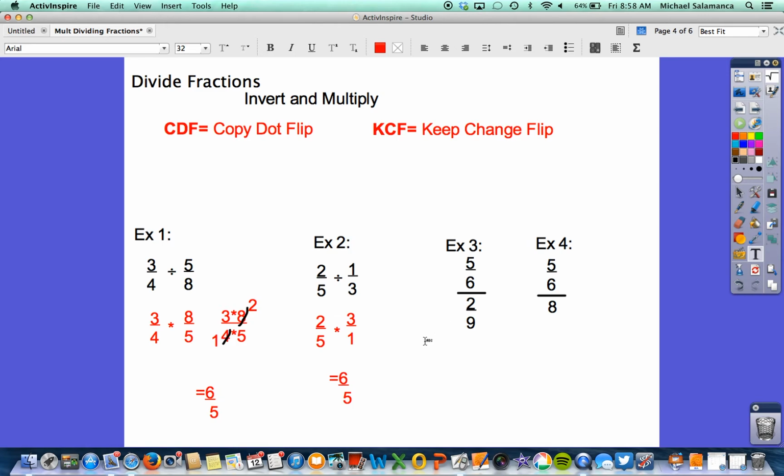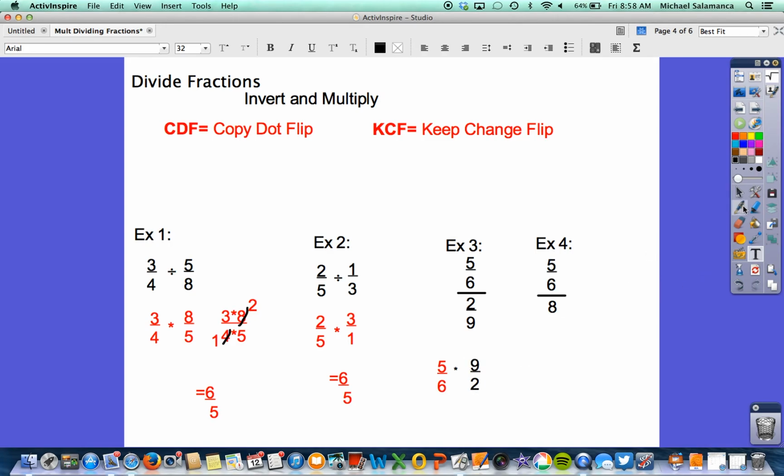Example 3, same idea. We are going to copy, dot, and flip. So we're going to flip the second term, that's 9 halves, and again, I notice that there's something in common.